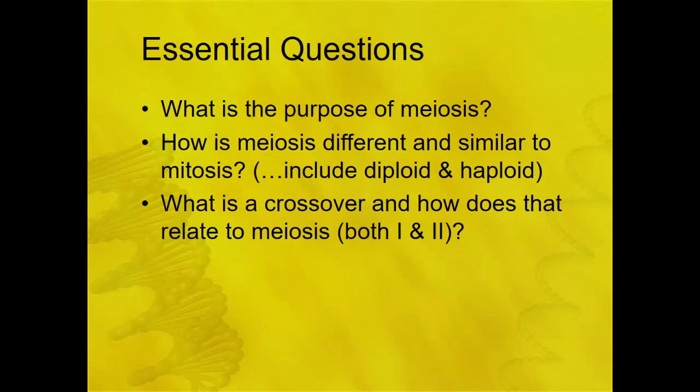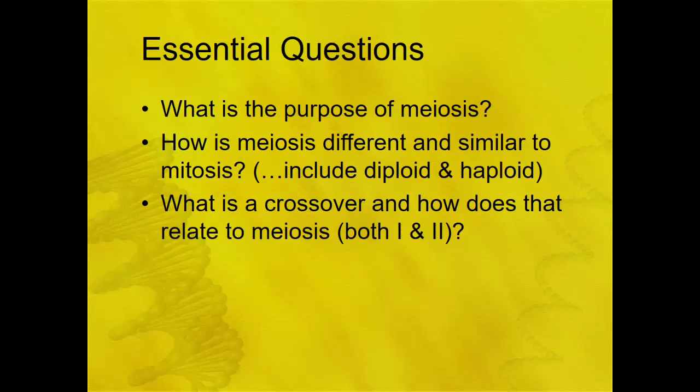Number two, how is meiosis different and similar to mitosis? Make sure that if you're trying to answer this question, you include the terms diploid and haploid in your answers. And number three, what is a crossover and how does that relate to meiosis one and meiosis two?